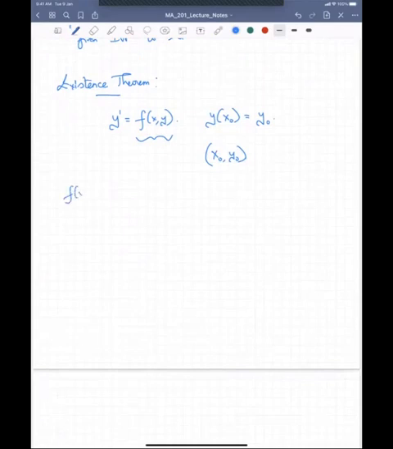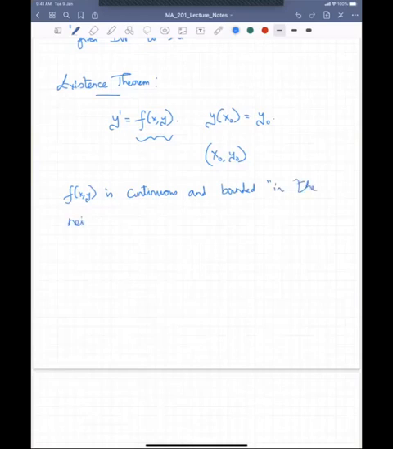So f of x, y is continuous and bounded in the "neighborhood" of x0, y0.